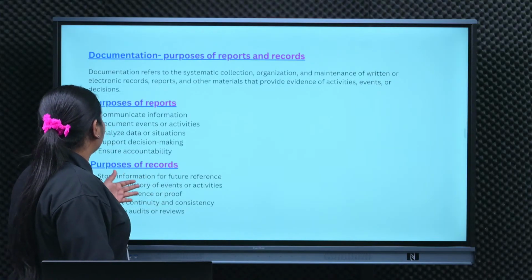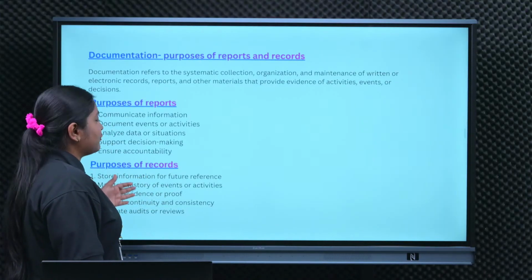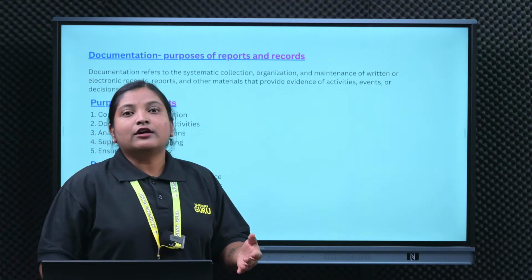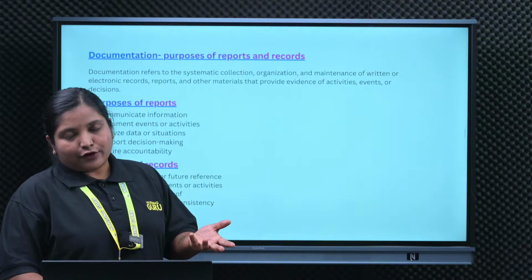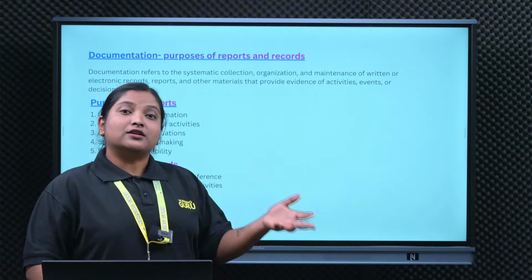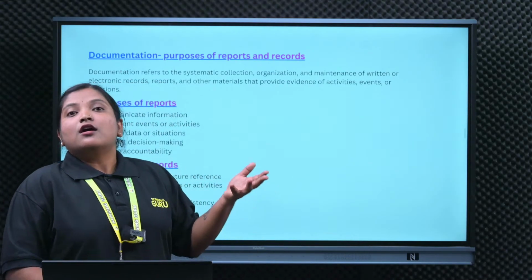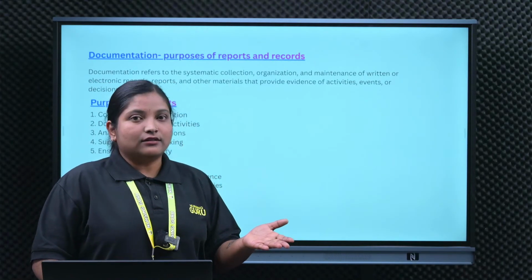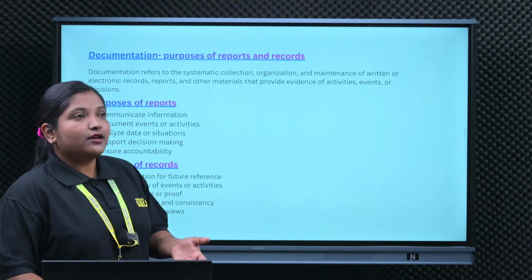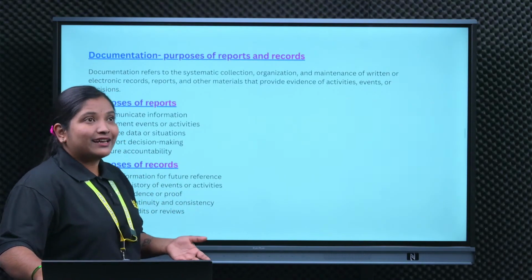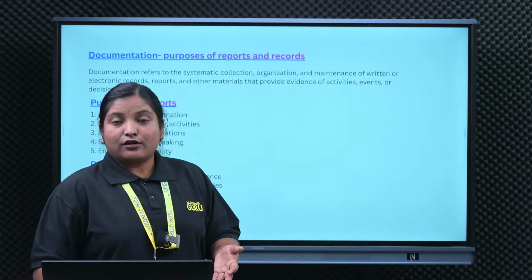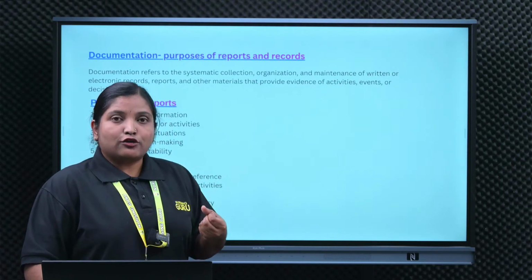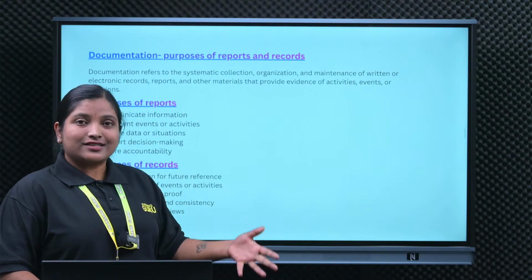Next we can move towards storing information for future references, okay. So for the future, for example, not only one kind of documentation, death certificates, birth certificates, and all, they will keep on being asked for any kind of legal work, okay. Same like that, to claim some insurance, if after the care you want to claim the reimbursement of your money, by the time documentation is needed, okay.